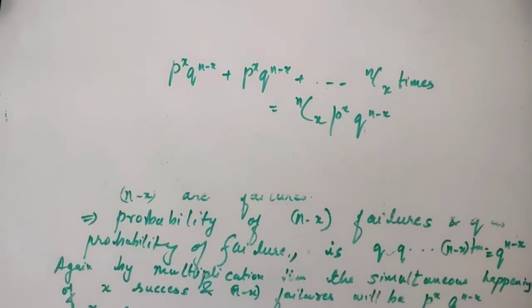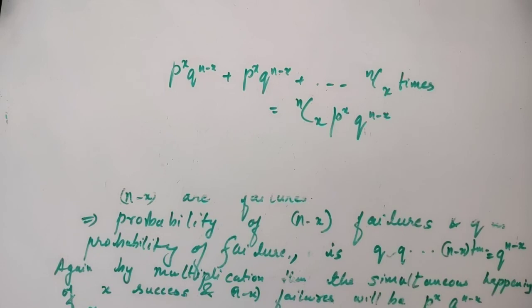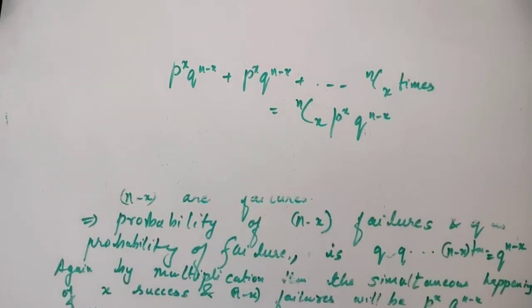All of these are happening simultaneously, so we have to multiply them. The simultaneous happening of x successes and n minus x failures will be p raised to x into q raised to n minus x. That is repeated nCx times, which gives the proper probability of x successes out of n trials. I hope the point is clear to all of you.